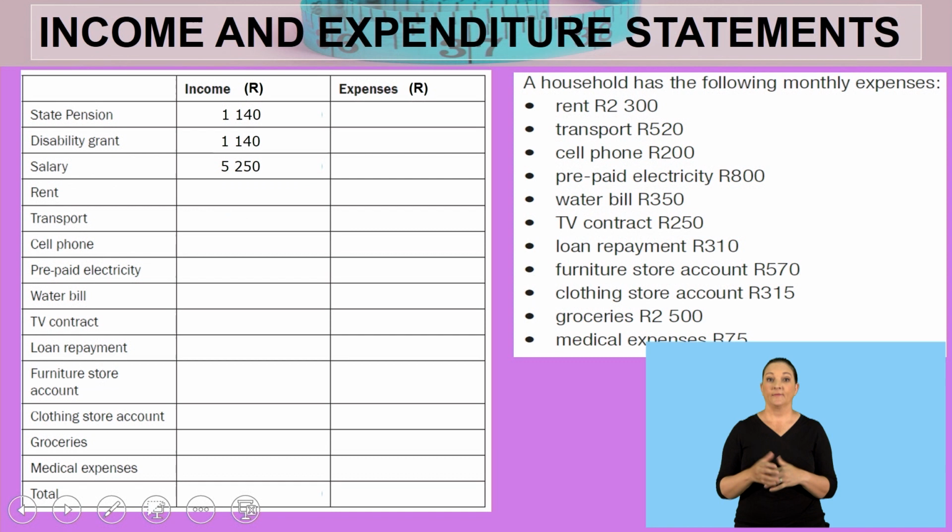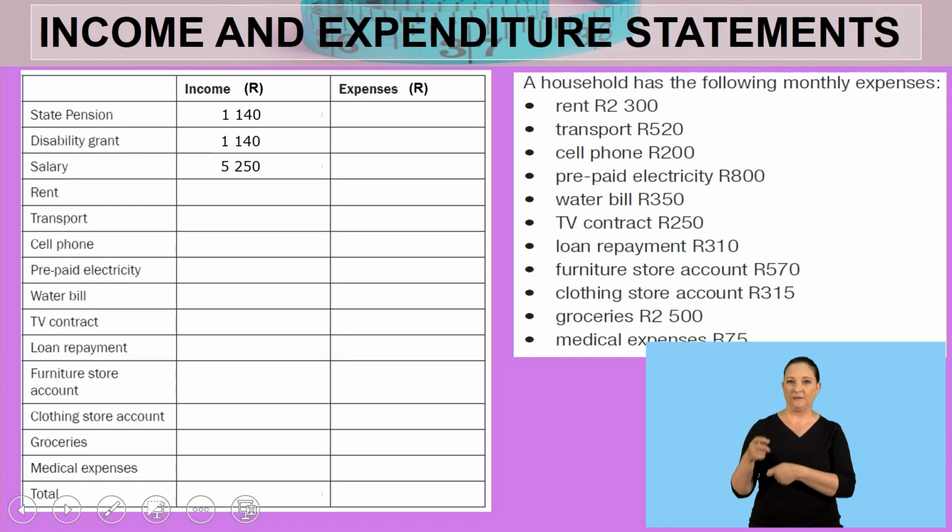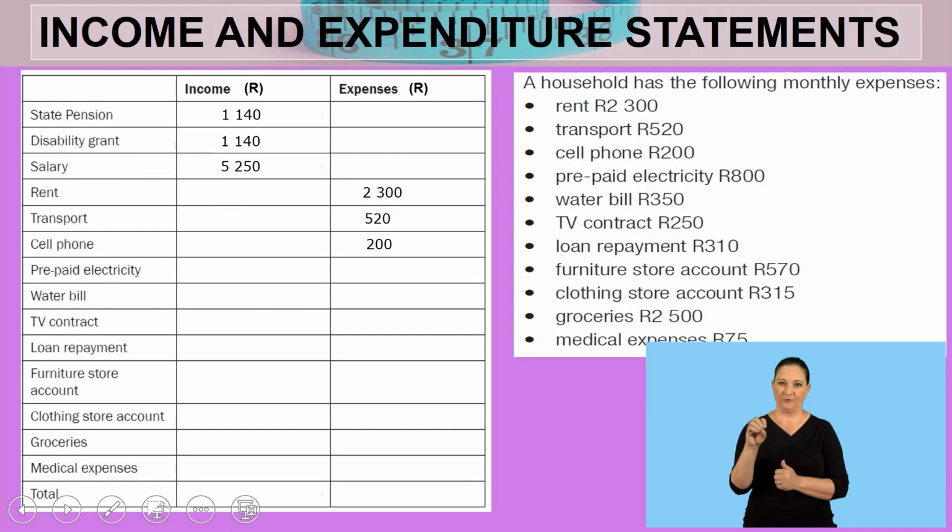Let's look at all the other expenses. The household has the following expenses. We look at rent, 2,300 Rand, transport, 520 Rand, cell phone, 200 Rand, the prepaid expenses, the water bill, TV contract, the loan repayment, there it is, furniture store account, clothing store account, groceries, and then the medical expenses.